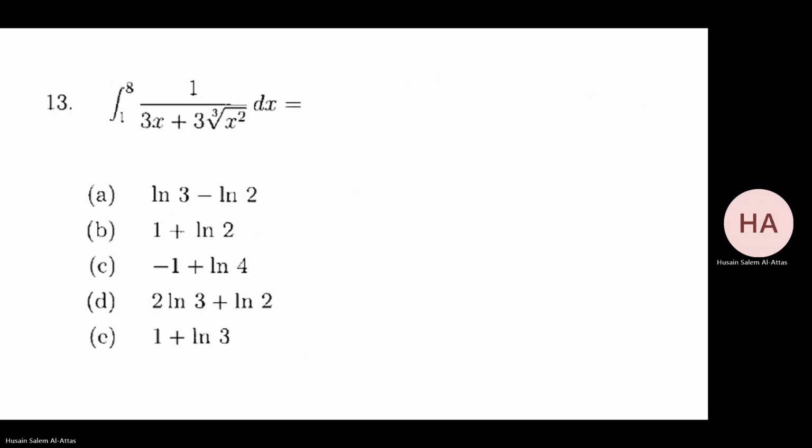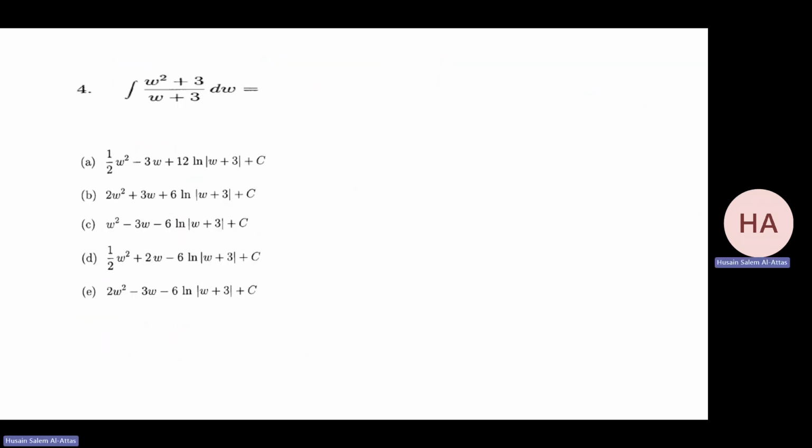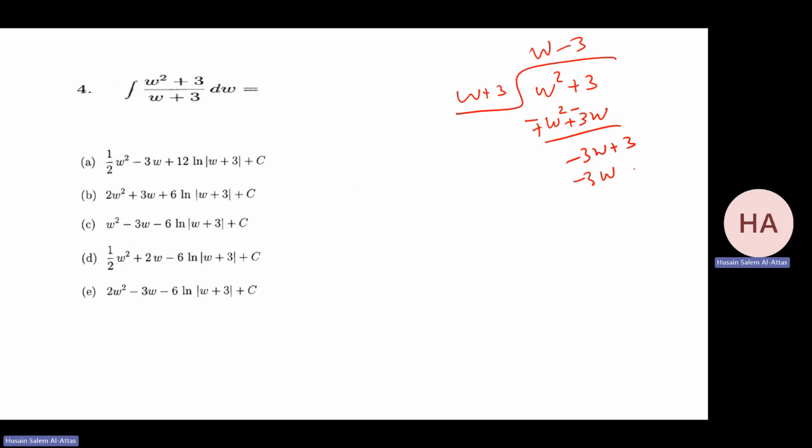Okay. Long division. W square plus 3 over W plus 3. That will be W. That will be W square plus 3W, minus 3W plus 3. That will be minus 3. So that will be minus 3W minus 9, plus that will be 12.